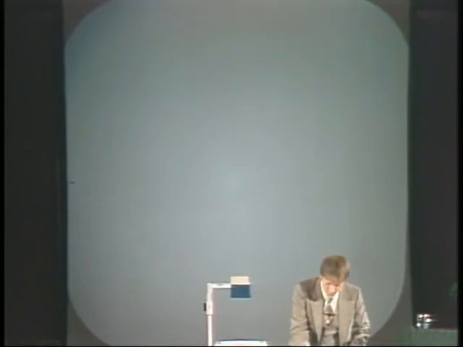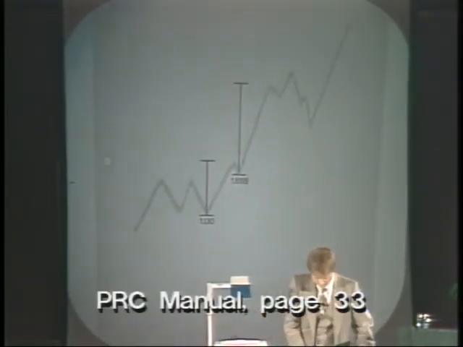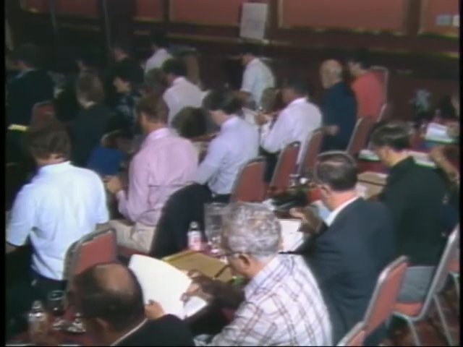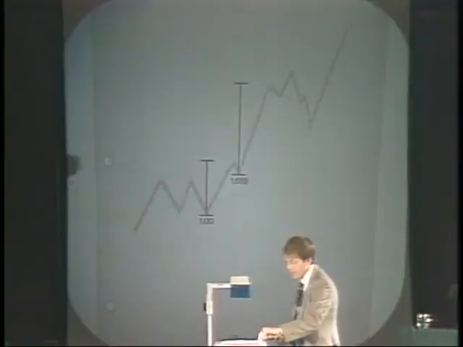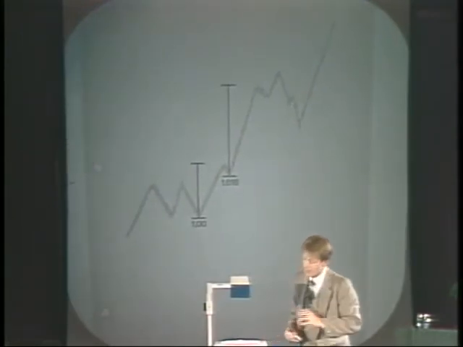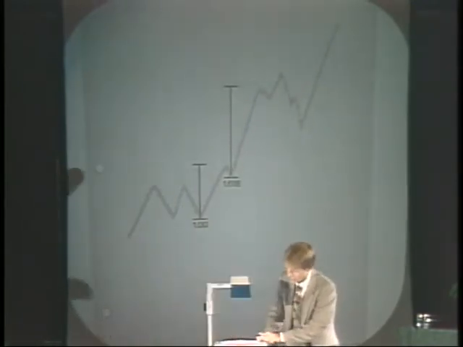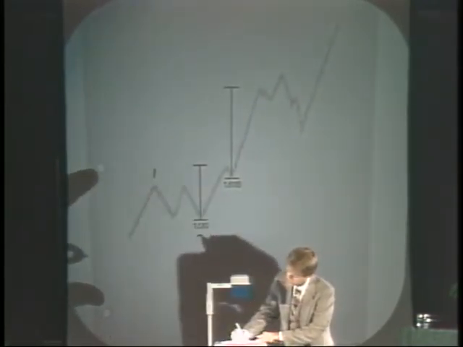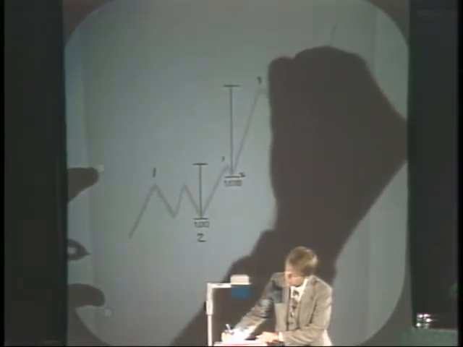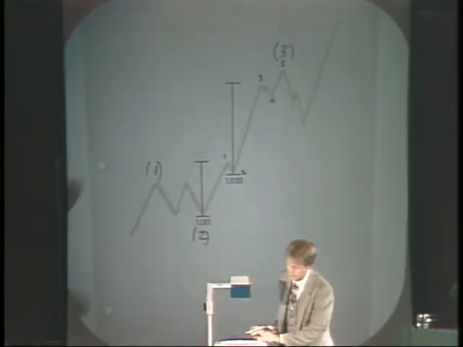Let's take a look at page 278. Wave 3 was equal to 1.618 times the length of wave 1. In this example, within wave 3, this chart is labeled in this fashion for the sake of reference.